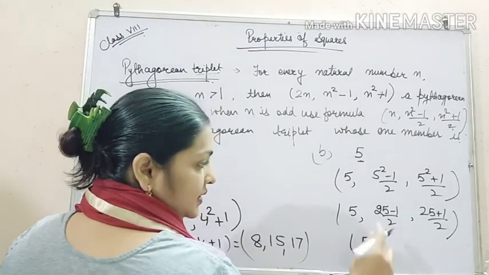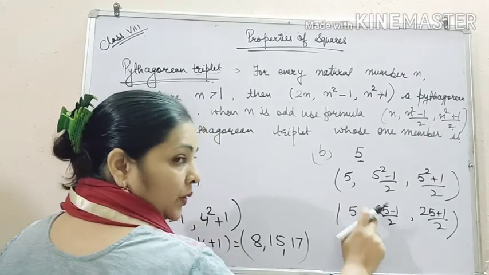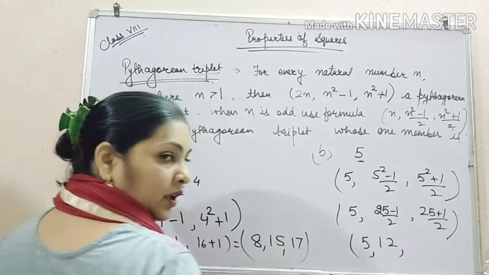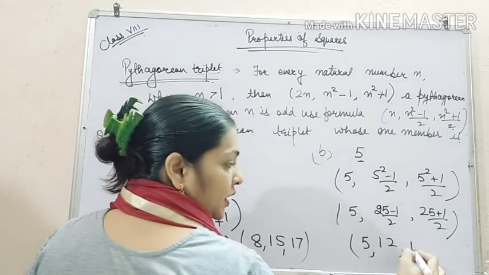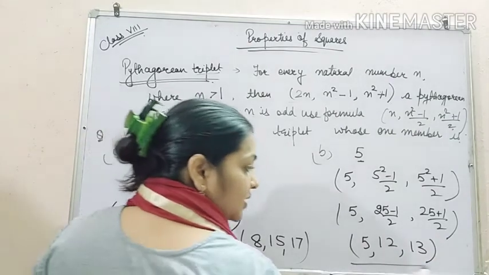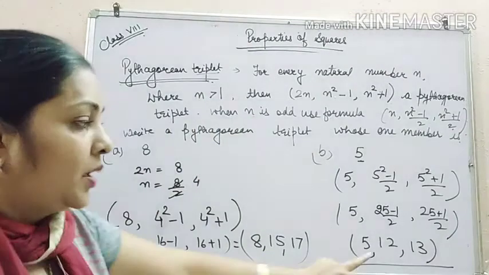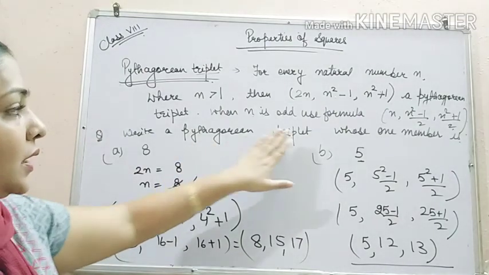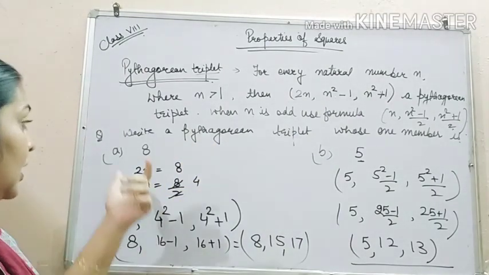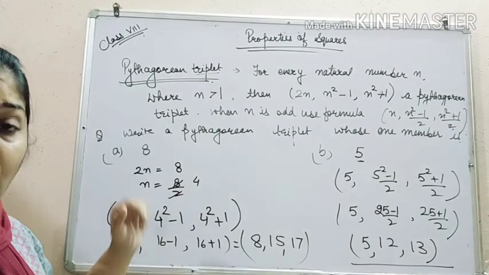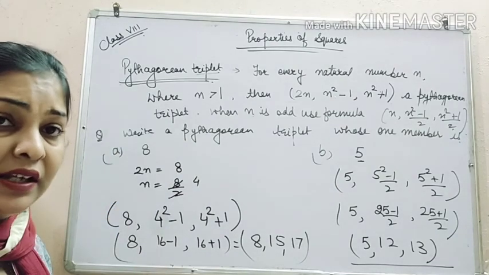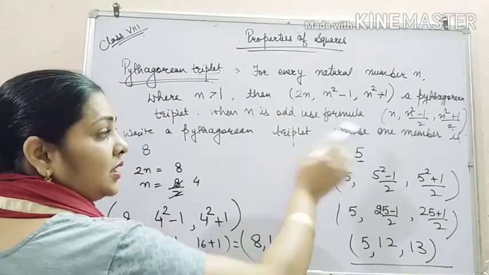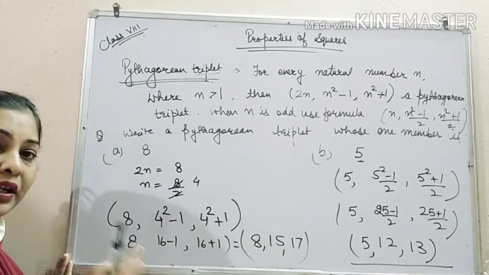Now you can easily see 25 minus 1, 24, 24 divided by 2, 12. 25 plus 1, 26, 26 divided by 2, 13. So this is a Pythagorean triplet. So you can find any Pythagorean triplet when a member is given to you or value of n is given to you. I have given you both the formulas, whether the member is odd or the member is even.